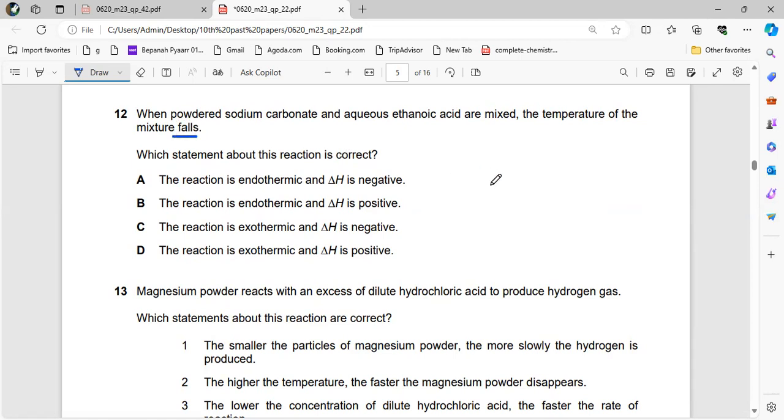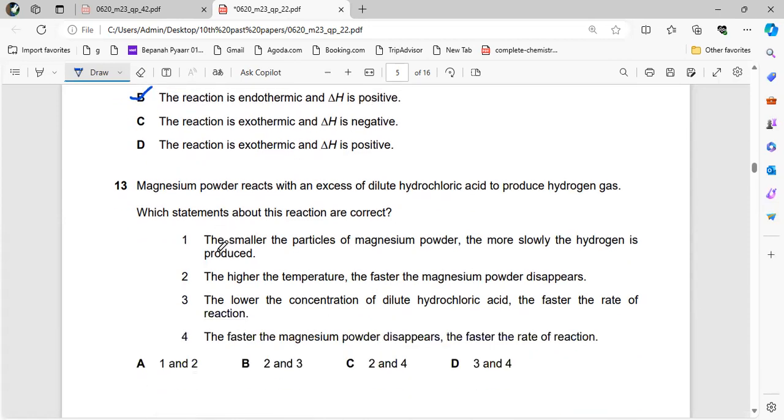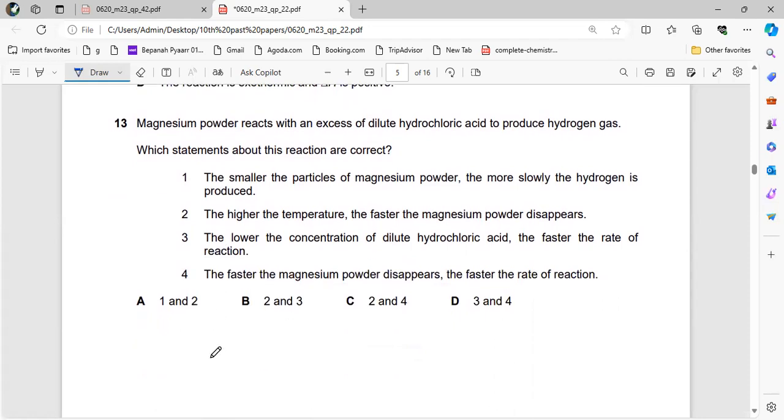The temperature decreases in an endothermic reaction, so definitely the reaction is endothermic. So we have option A and B as endothermic. Now the value of delta H for an endothermic reaction is always positive. So the option is B. Next question.